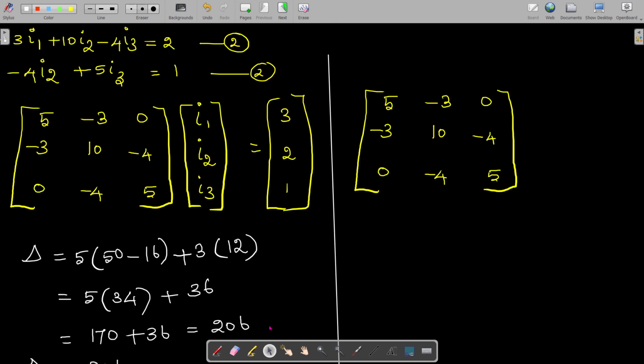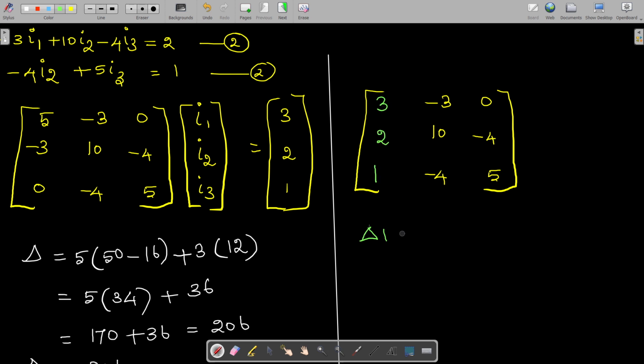So now we are going to find out this del 1. In order to find out this del 1, we have to replace this 5, minus 3, 0 using the voltage values, that is 3, 2, 1.